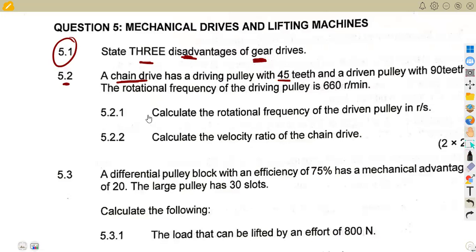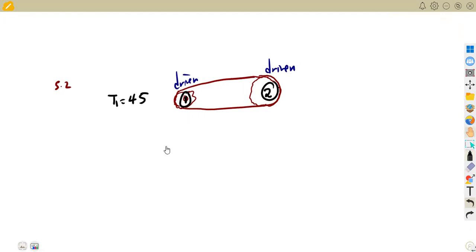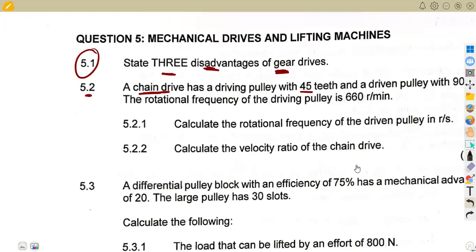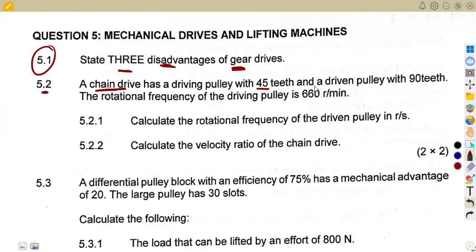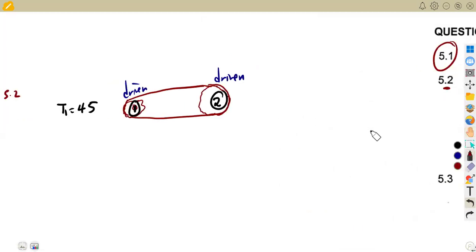So T1 is 45. And the driven pulley with 90 teeth, this is the driven side 2, so T2 is equal to 90.